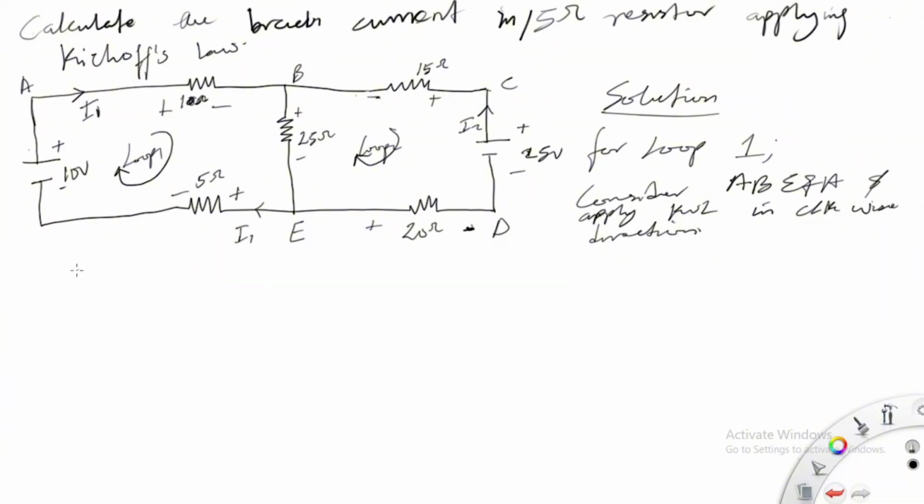So how do we go about it? Let's start here from 10 volts. Going up, we have a rise, so we have positive 10. Here we have a drop at 10 ohms, minus 10 I1 because I1 current is acting on it. Minus what?